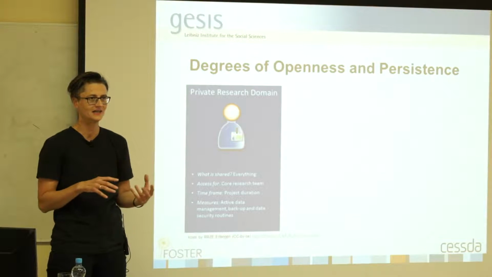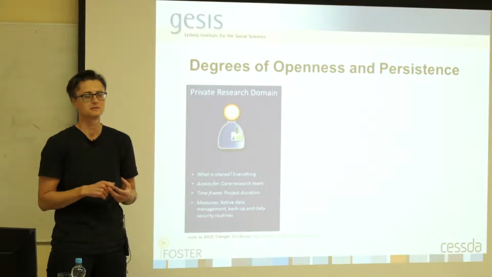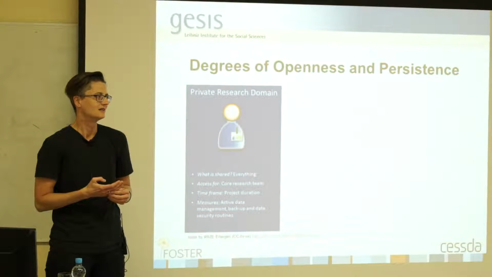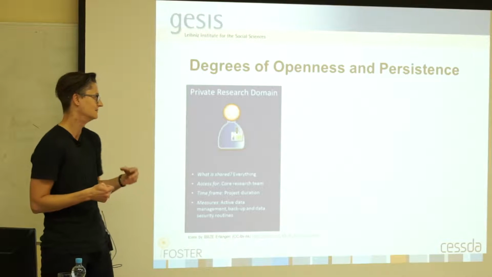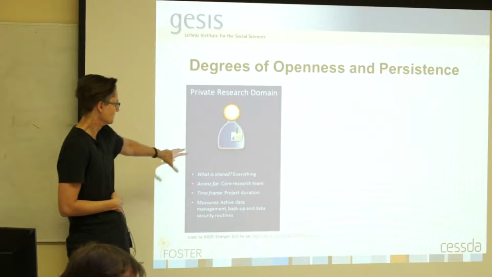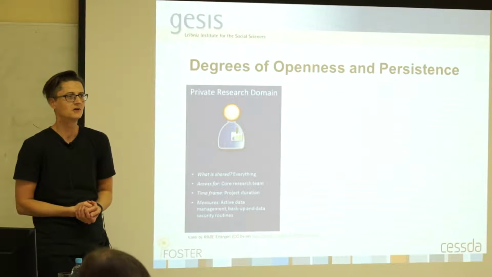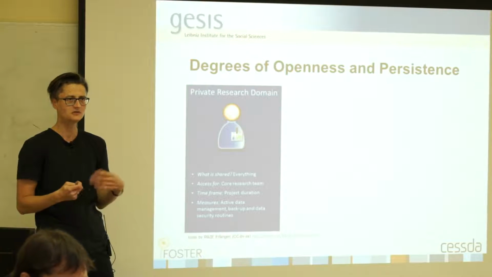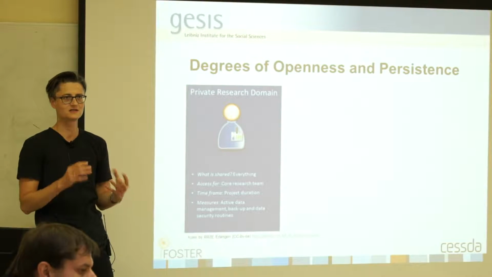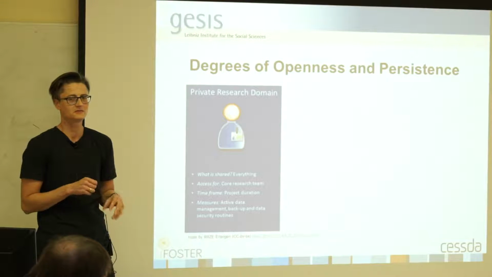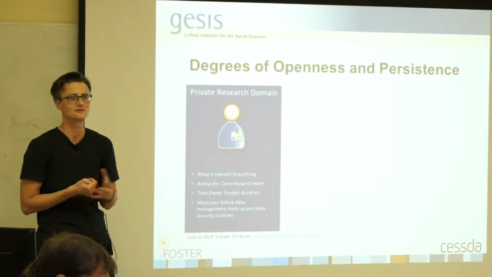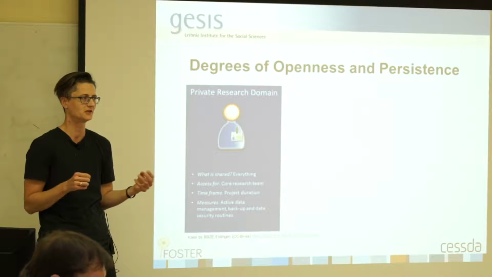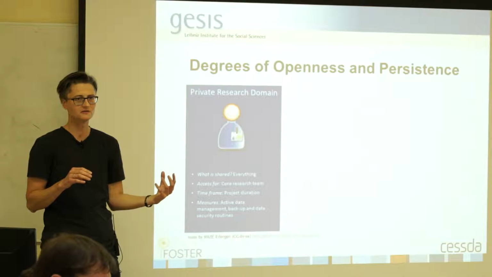So it's where you plan your research, where you collect your data, and then prepare the data for analysis and analyze the data. So when you think about who has access to data in this phase and in this domain, the answer is probably everyone in the primary research team, even though there may be distinctions that, for example, a student who's just supporting may not have access to all the files.